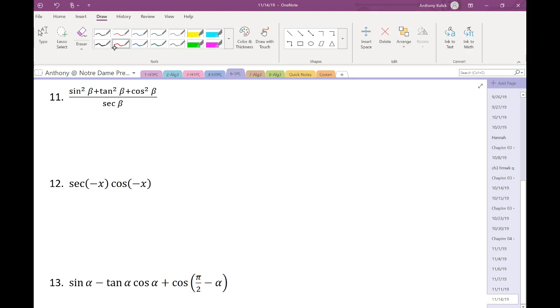There's lots of things you could do. I don't know why you would use one of the C's, considering there's no pi over 2's anywhere. So again, it doesn't really matter.